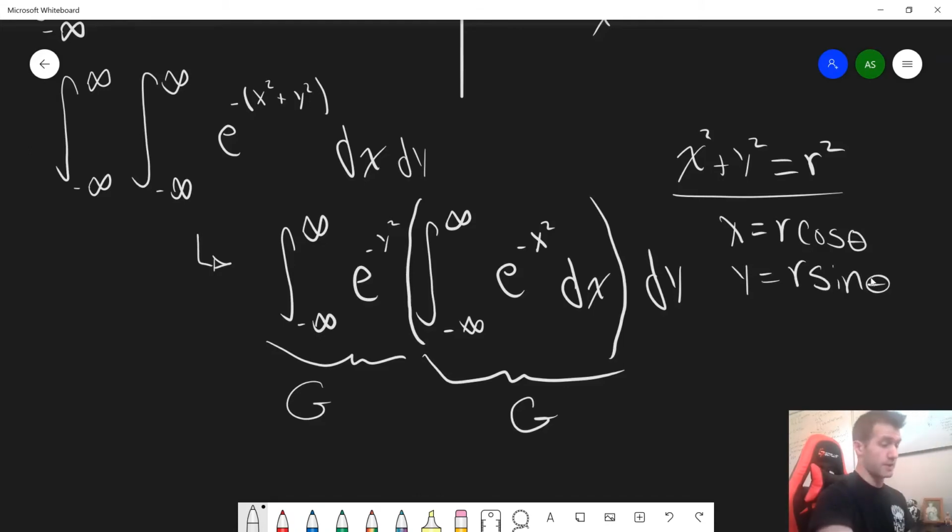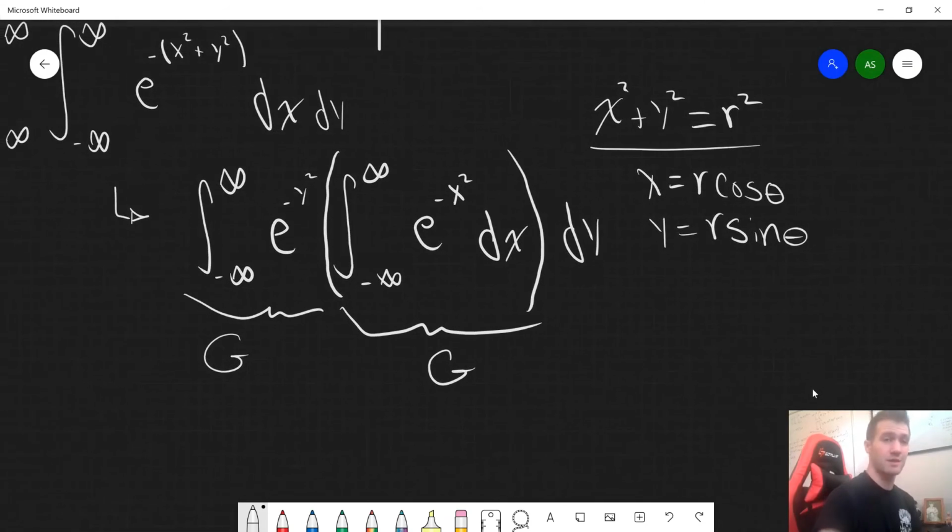So we can actually just change this to polar. That actually is a nice little interesting step. So we're going to trick this integral into thinking that it is a polar equation.